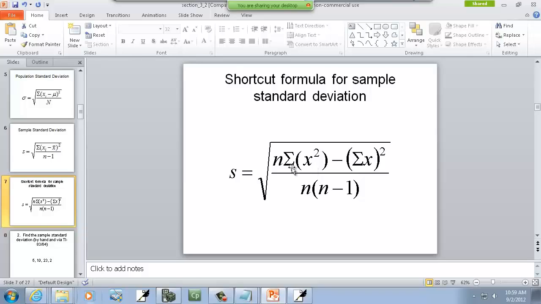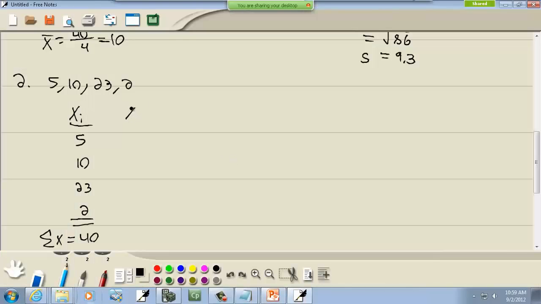Now I need x squared, so I'm going to square each one of my x values. I got 5 squared, 10 squared, 23 squared, and 2 squared. 5 squared is 25, 10 squared is 100, I have no clue about 23. Let's see, 23 squared is 529.